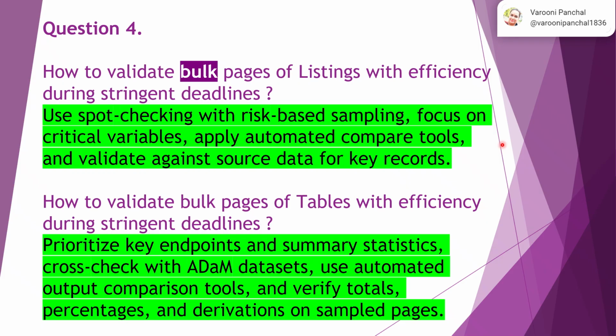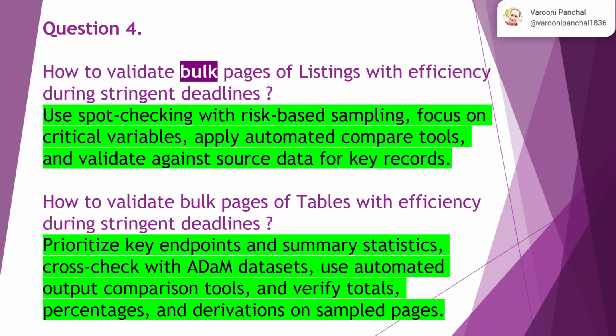So you can do all these things. Then how to validate bulk pages of tables with efficacy during stringent timelines. Even in these scenarios, when you're working with tables and you have bulk pages of more than 1,000 to 2,000 pages, you can prioritize the key endpoints, like what are the efficacy and the safety analysis points, or which objective is the more important priority, right?